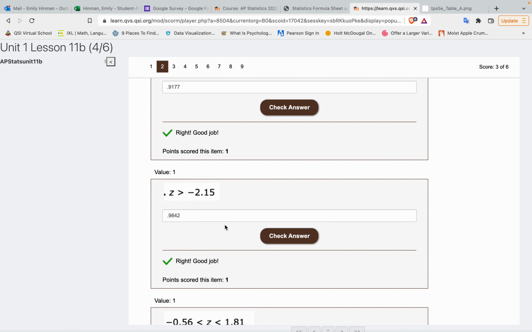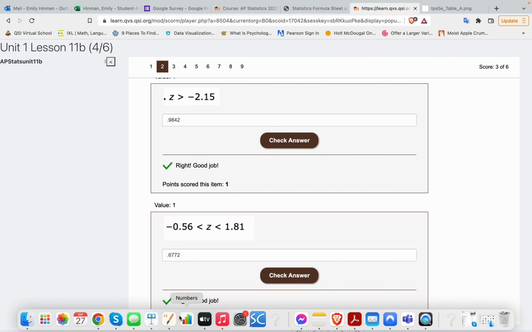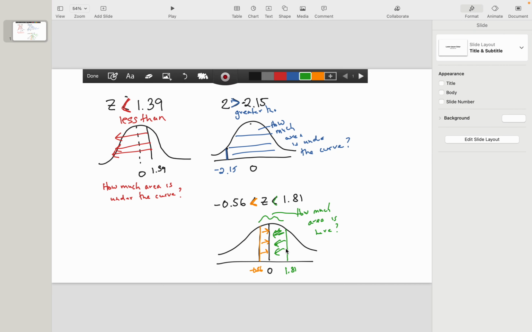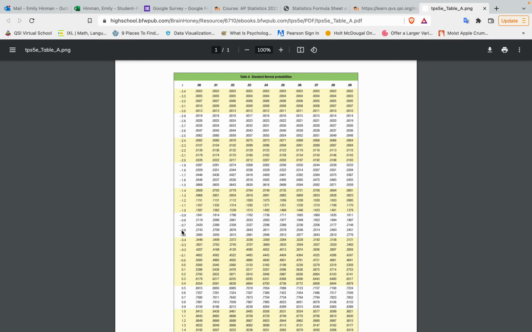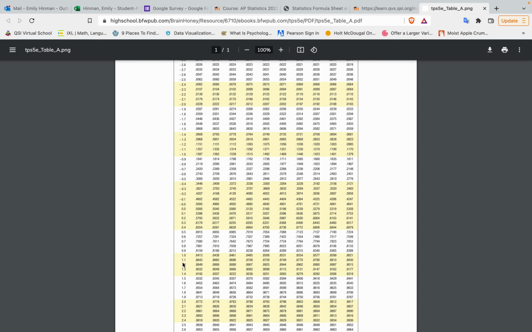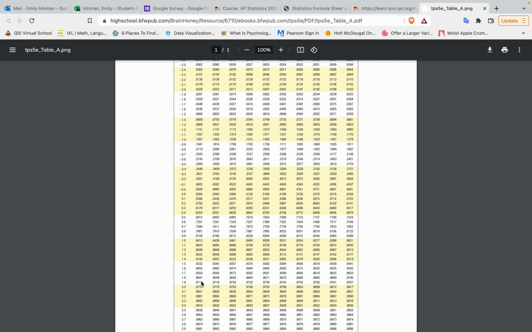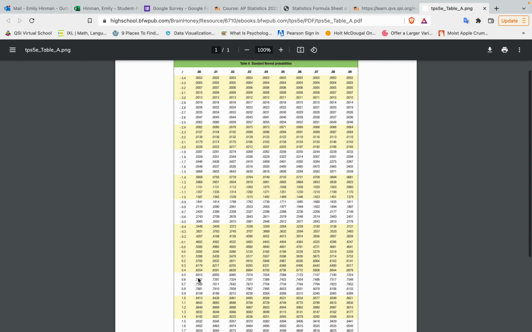That's the right percentage. All right, on this last one, our procedure was we wanted to find the left of 1.81, and then we want to find the left of negative 0.56, and we want to subtract those two values. So 1.81 is there, is 0.964. Wait a second, I think 1 is one column over.